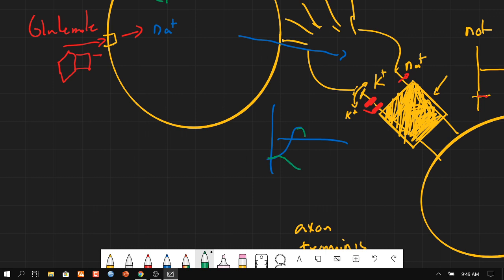It's going to either neutralize the positive or make it go negative. Either way, it's going to bring it down. We call this inhibitory postsynaptic potential. What do we call the sodium? Excitatory postsynaptic potential. Sorry, non-color consistency.